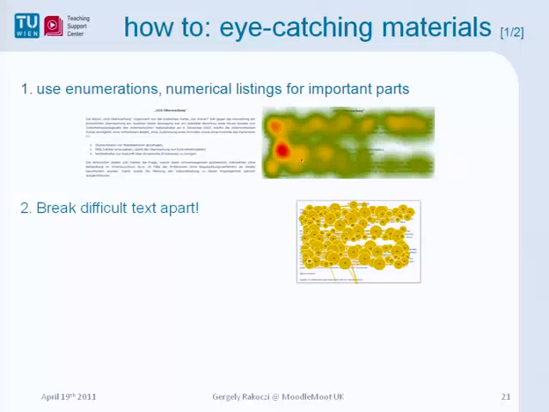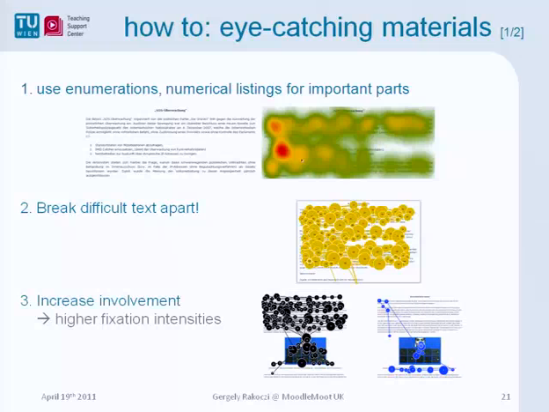So they're really long fixations. In general, you have 100 to 250 milliseconds of fixations. And this shows you that they were fixating these words a lot. So they struggle to understand the text. So try to break them apart and always provide pictures with complex text.